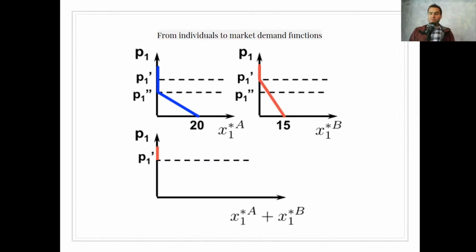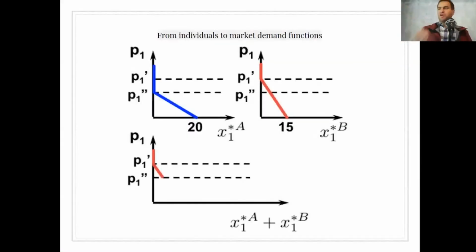And at a price above P1 prime, person B would also not buy any units. That's why in the aggregate, if this market was composed of only 2 people, at a price higher than P1 prime no one will be willing to buy. As a firm, we can now infer and know that. Then we start moving downwards on the price and get into a new segment.